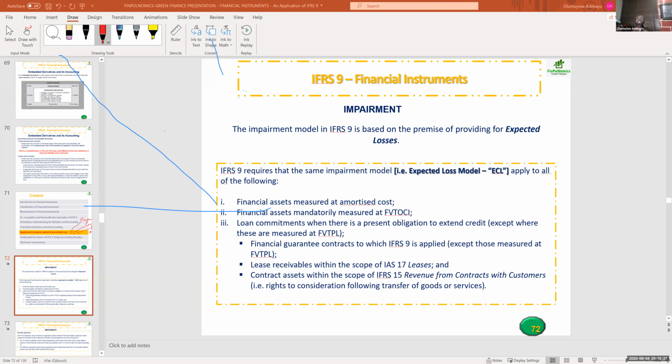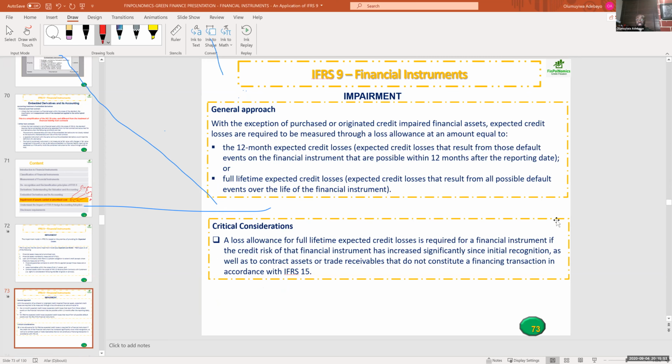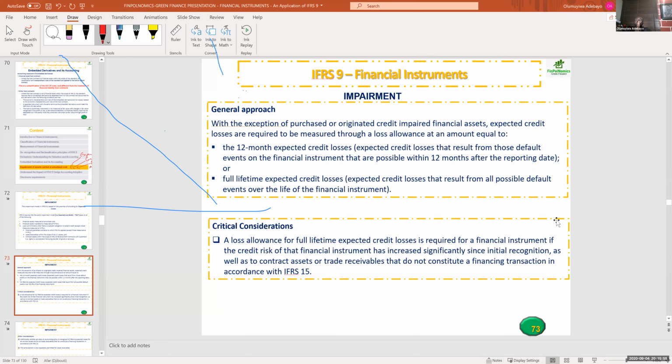Okay, that is that. Now let us look at the methodology, which means the ECL model, the expected credit loss model. How do we subject a financial asset to impairment under this model? Now, this model, first of all, recognizes that we need to look at the approaches of subjecting an asset to impairment.